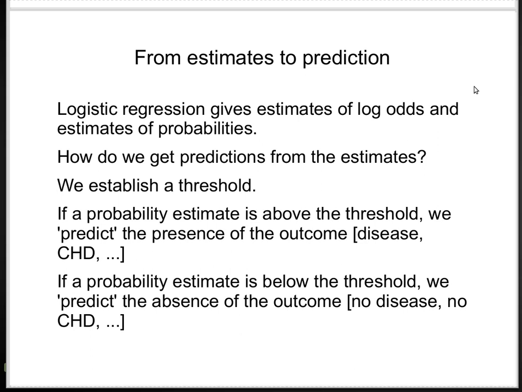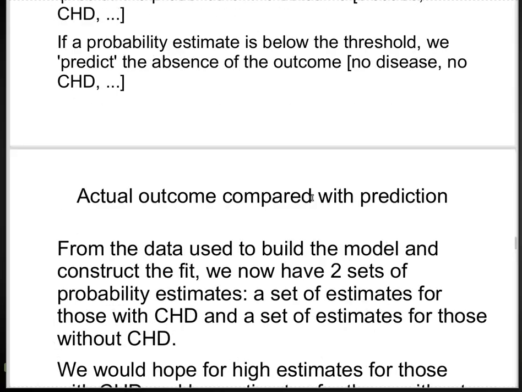And the argument then is, we would take the results from this model that gives us all these estimates of probabilities and establish some kind of a threshold. For individuals who have a probability estimate above the threshold, we would say, all right, I'll predict they will have the outcome. And if the probability estimate is below the threshold, then we would predict the absence of the outcome.